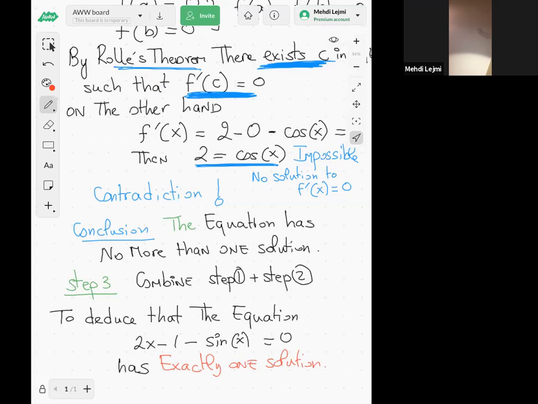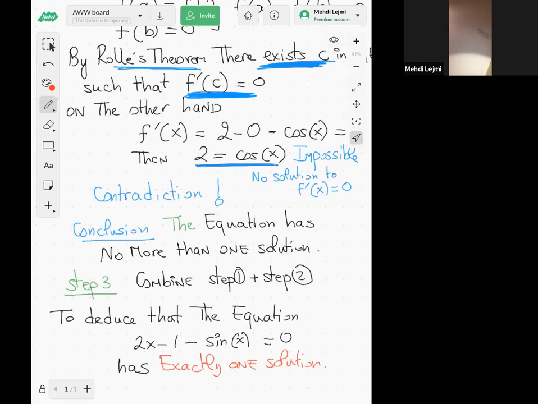And again, guys, it's kind of like a miracle, right? Because using these theorems, you prove that there is exactly one solution, but you still don't know the exact value of the solution. You know there is exactly one, but you don't know its value, right?